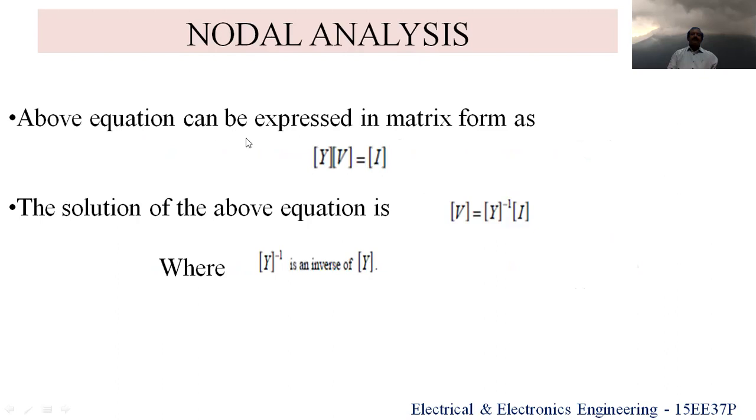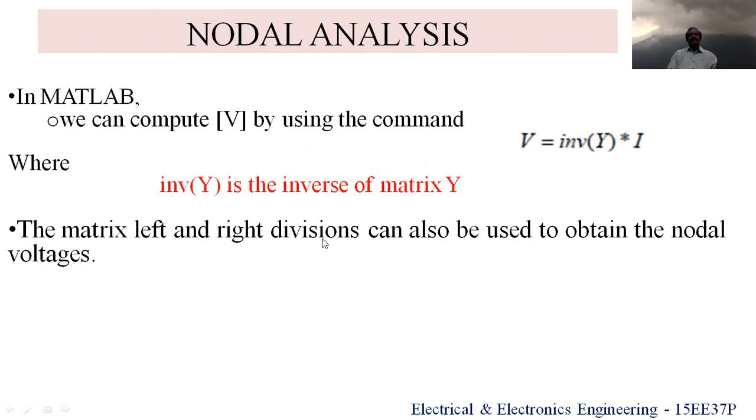The above equations can be expressed in matrix form as Y times V is equal to I. The solution for the above equation is V is equal to inverse of Y times I, because you have to calculate the nodal voltage. So V is equal to 1 divided by Y, which means Y comes to the top as the inverse of Y.